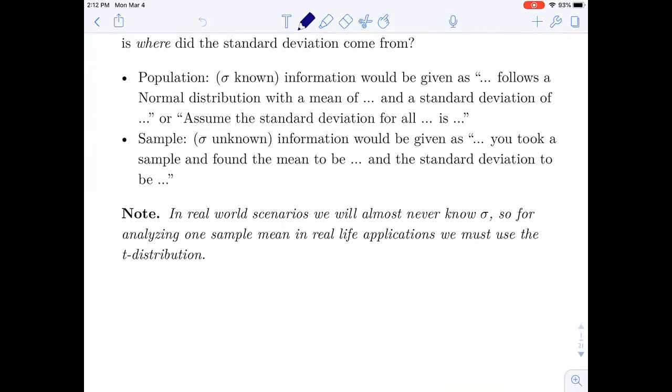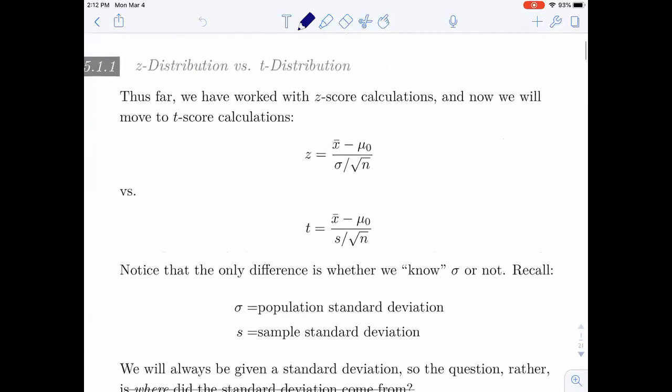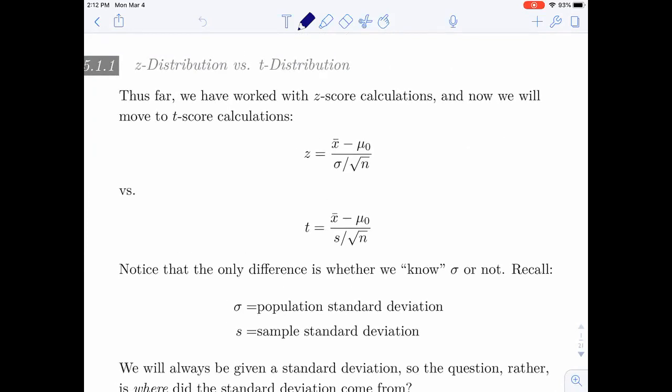In real life, you'll never do a Z calculation, okay? The reason we start with Zs is because of what we talked about before: there's variability in the sample mean. If we collect a sample and find the mean, and then collect a different sample, even though they're all randomly selected and well collected, the sample means are going to be different depending on the sample.